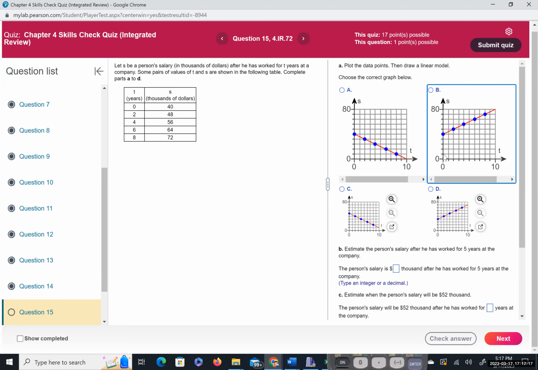So this is the middle. Each of these is 8. Right, 8 units for each of these.